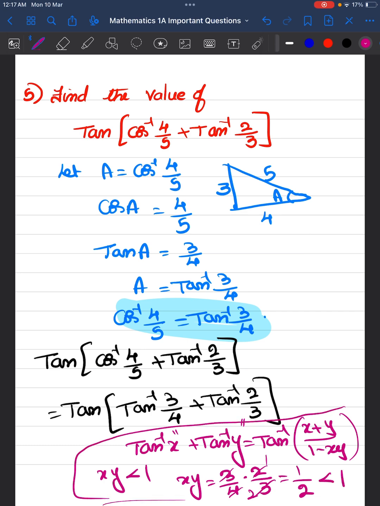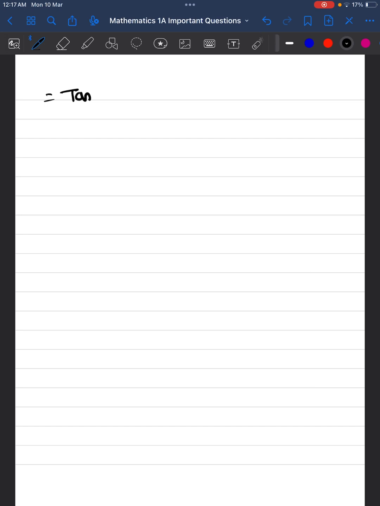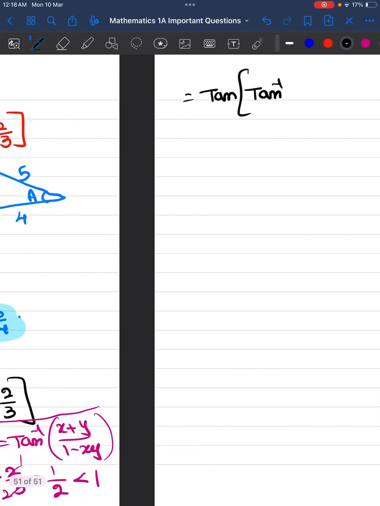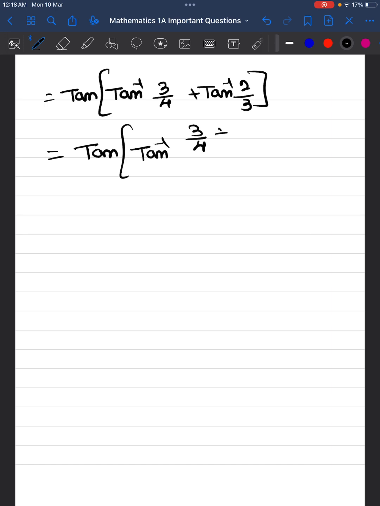So tan of tan inverse of x plus y, 3 by 4 plus 2 by 3, by 1 minus xy, 3 by 4 into 2 by 3.